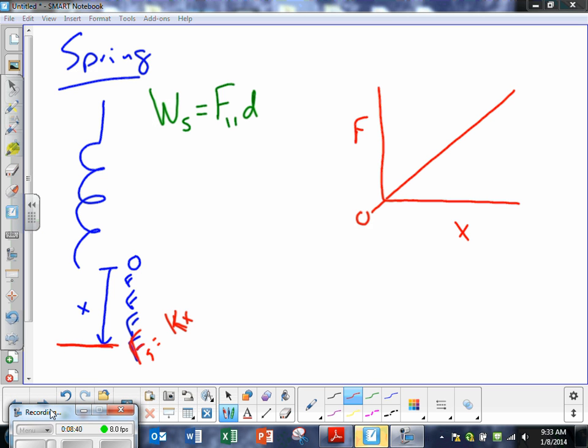Do you agree? And the x would be defined as this distance from here to here. If we look on our graph, this x here is going to give us a force out to here. So that's the force that our spring applies at this displacement.